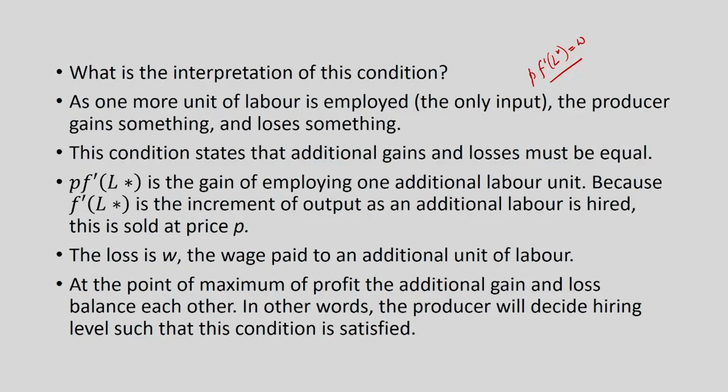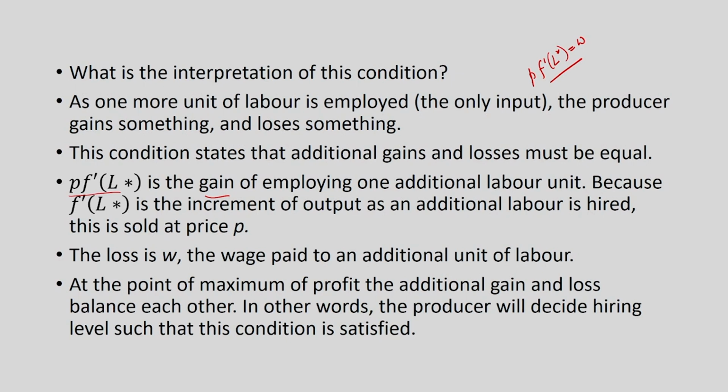The left hand side term, that is P multiplied by f dash of L star, is the gain of employing one additional labor unit, because f dash of L star is the increment of output as an additional labor is hired.